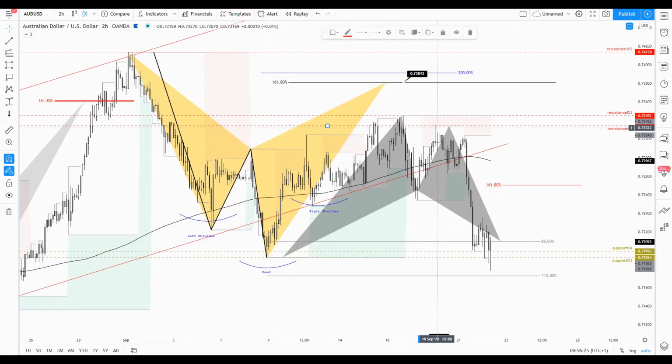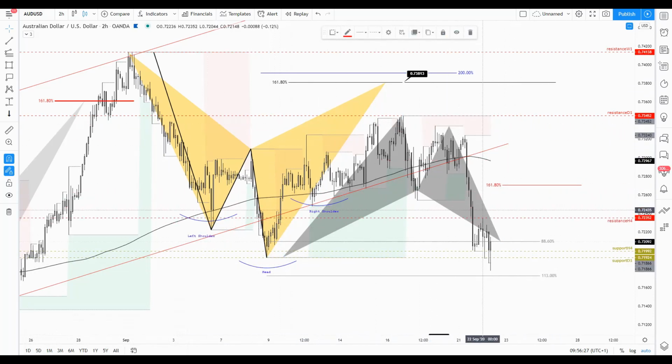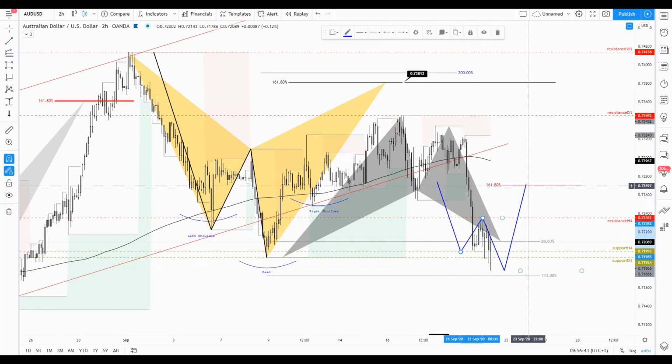We have the most recent fractal resistance printed at these highs, 72.35, so breaking above these structure highs, eventually the market will search for that Fibonacci extension level, and we should pay attention for the completion of that shark pattern, which should offer at least another retracement. So let's wait and see.